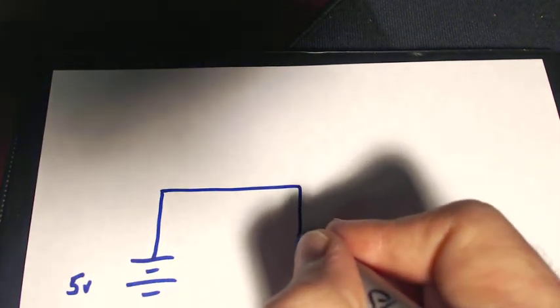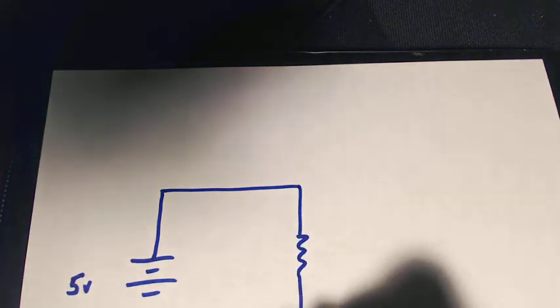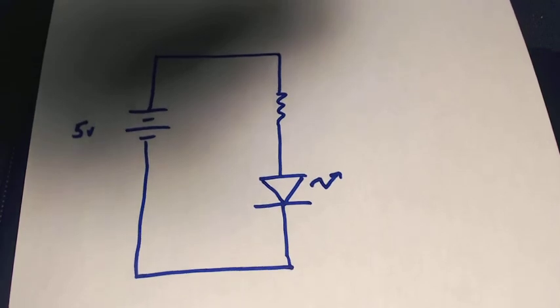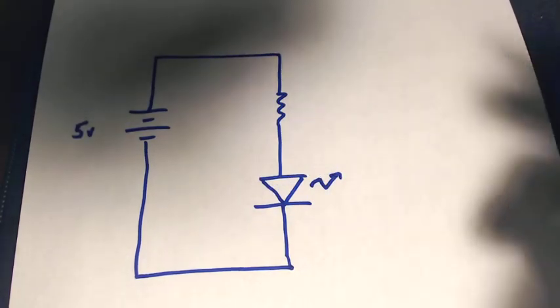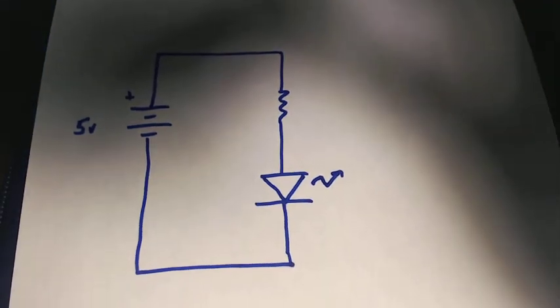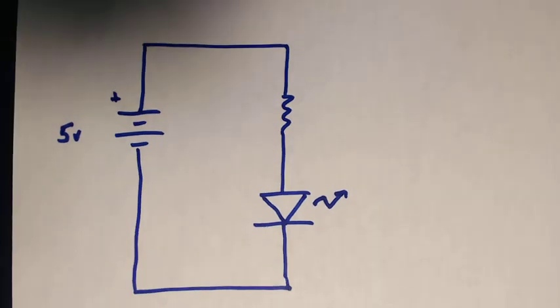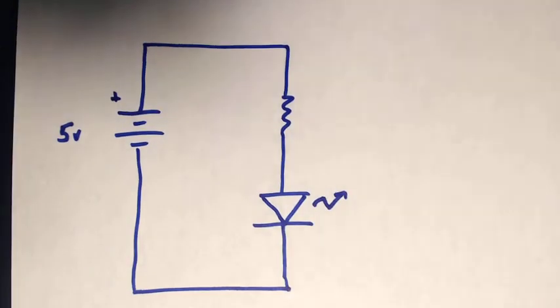We have 5 volts going through an LED. The LED is forward biased. We do have positive up there. My camera's moving a little bit. Okay.